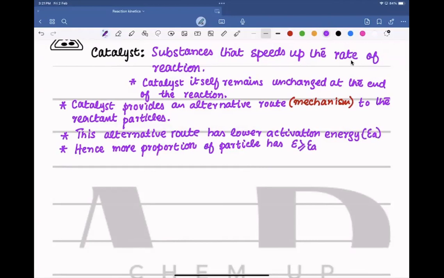And here we are talking about the new activation energy, which is lower, okay? Is this clear to all of you? Yes, sir.